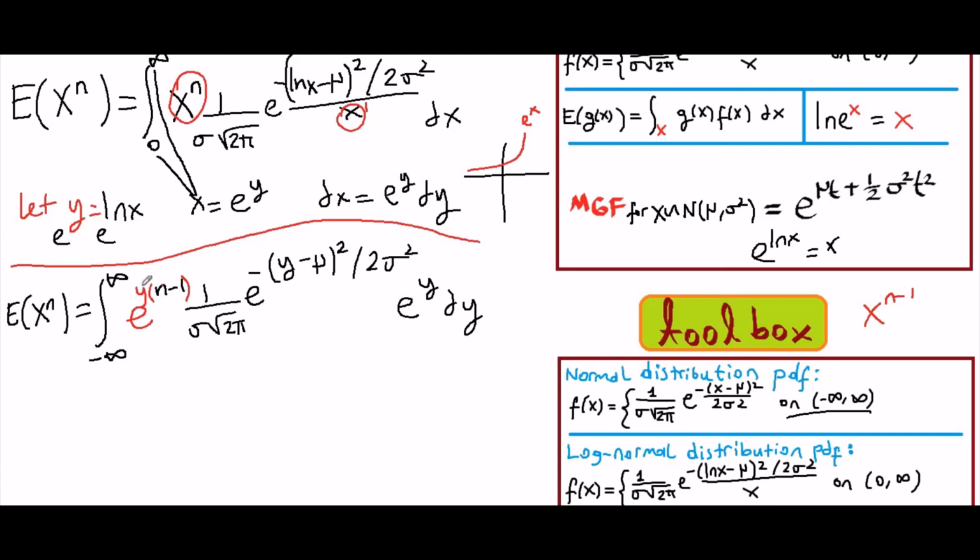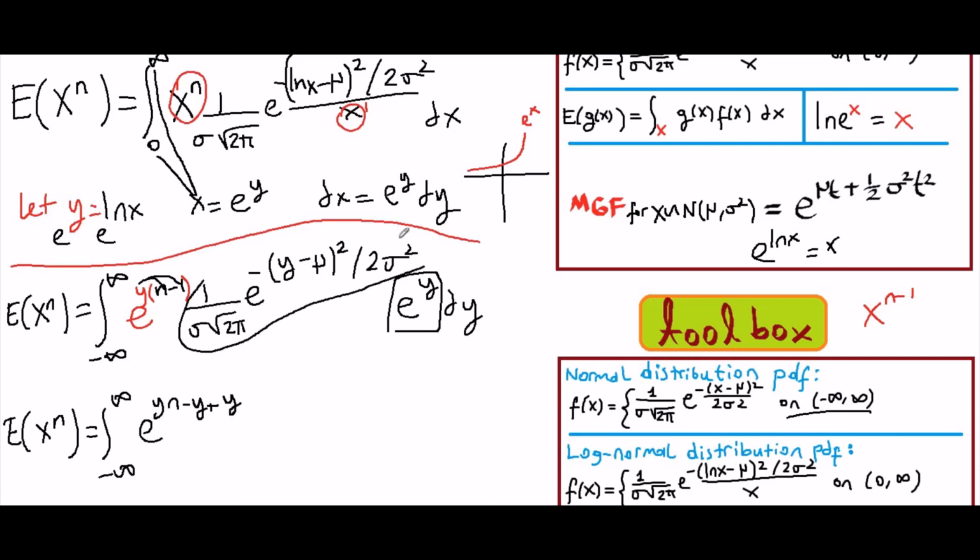Now we can distribute this inside and merge with e raised to y. So expectation of x raised to n will be equal to e to the yn minus y, and we have here plus y, times this integrand here.